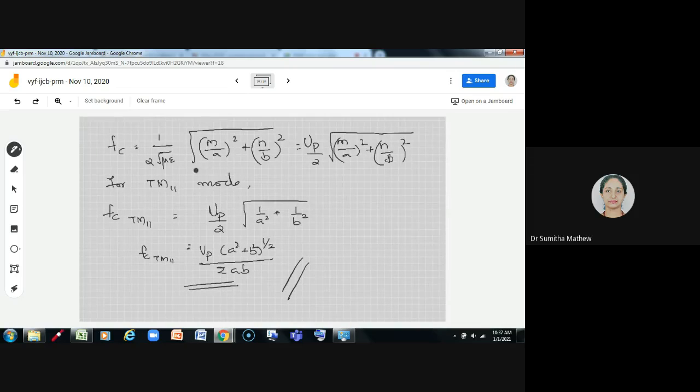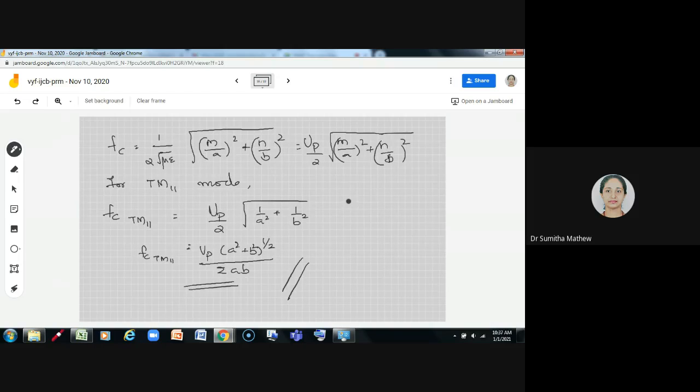Now, finally, we write fc once again for the TM11 mode, that is the dominant mode. The cutoff frequency fc TM11 is equal to Vp into (a square plus b square) raised to 1 by 2, divided by 2ab. How do we get that? By simply substituting m equal to 1, n equal to 1, which we explained earlier.